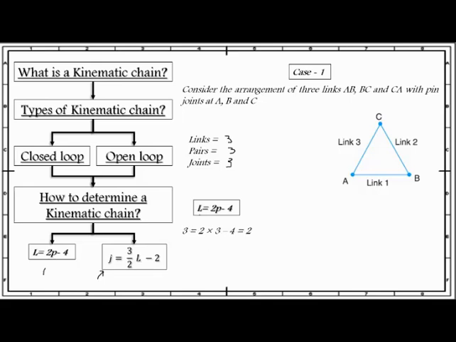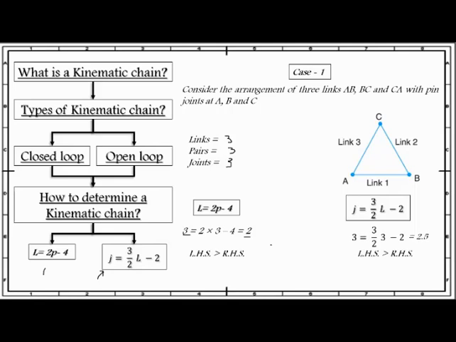Thus, the left hand side of this equation is greater than the right hand side. Similarly, for the second equation, if we put the values of joints and links, we get 3 equals 2.5, which says that the left hand side is greater than the right hand side.